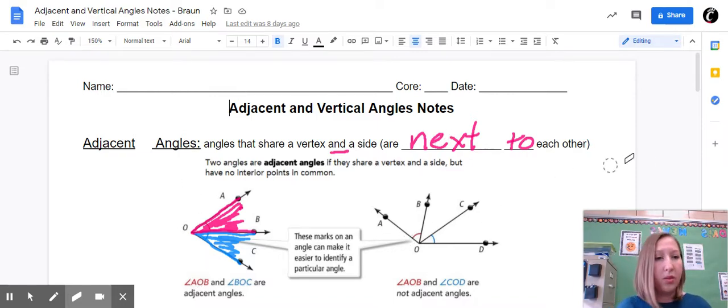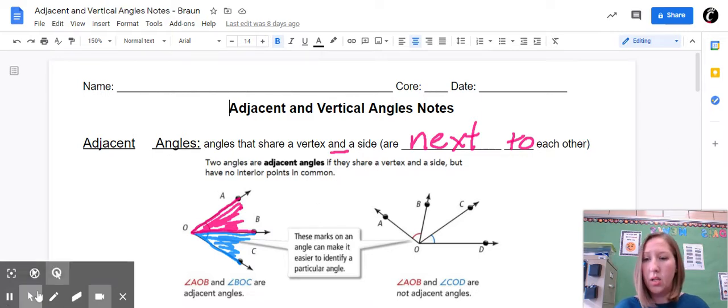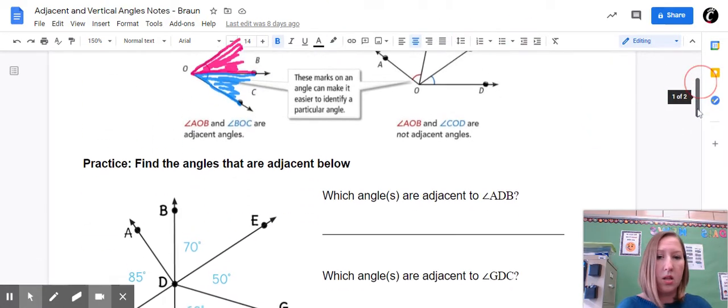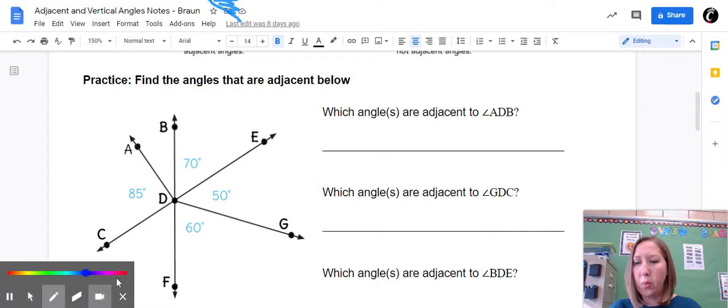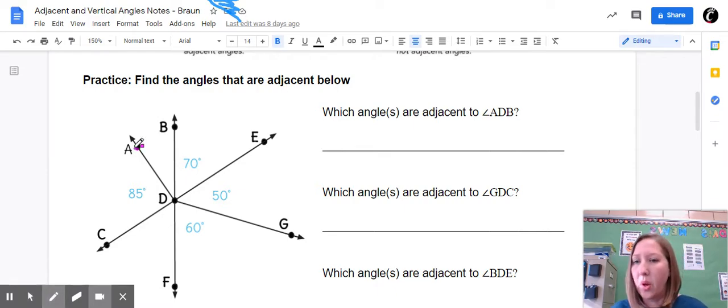Let's move down and do some examples together. It says practice, find the angles that are adjacent below. It says which angles are adjacent to angle ADB. So first we're going to identify ADB. This is the angle that I'm going to be looking at first.